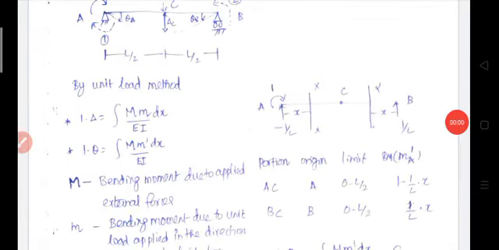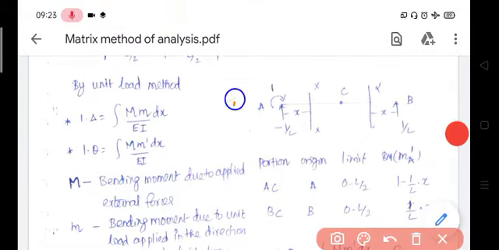Now we apply unit moment at support A. So it is applied for determining rotation theta A. Now again apply the equilibrium equation and determine the support reactions.